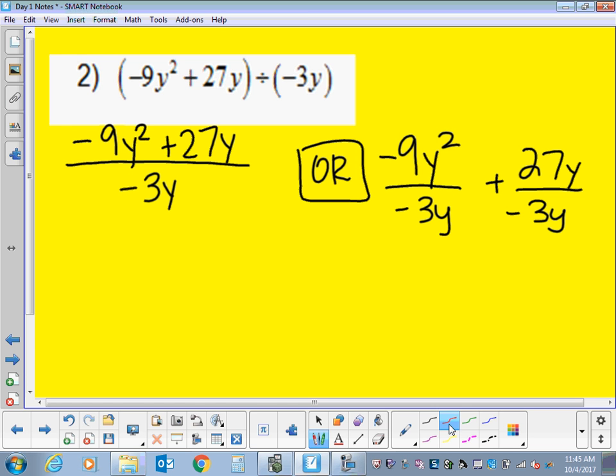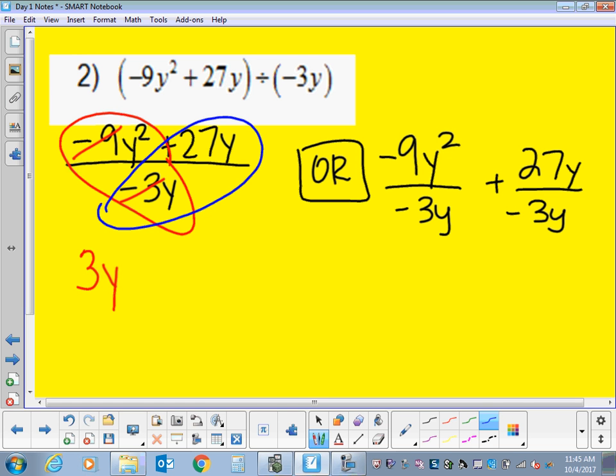Looking at the first one, what is negative 9 divided by negative 3? Positive 3. Y squared divided by y? Just 1y, right? Now the blue part. What's 27 divided by negative 3? Negative 9. And what's y divided by y? 1, so that just cancels out. This is my answer.